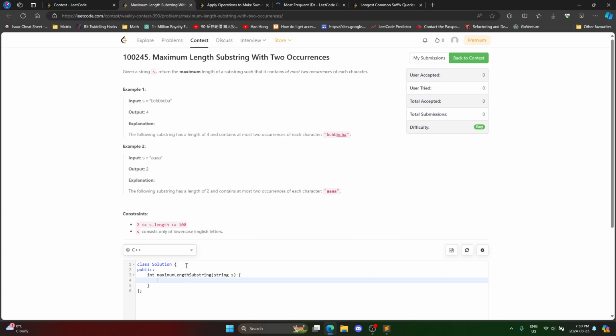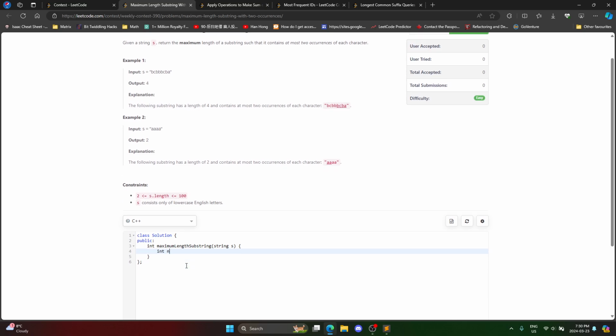Maximum length substring contains at most two occurrences of each character. So we will just brute force this.